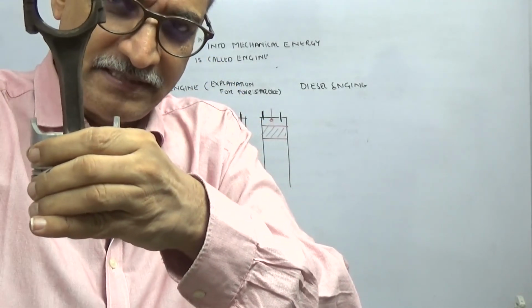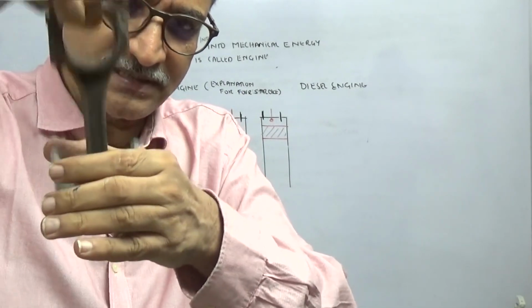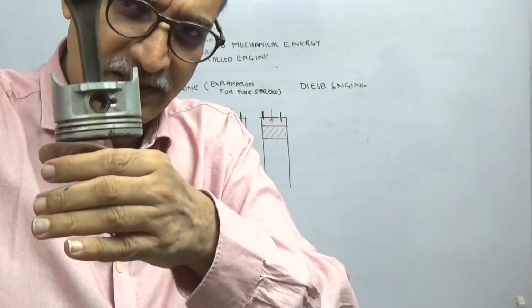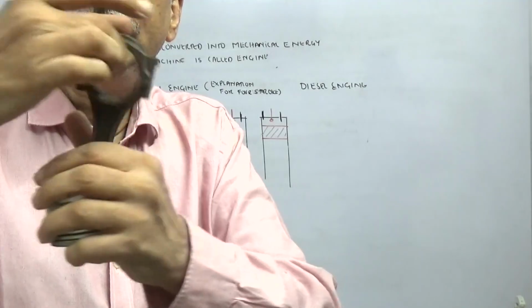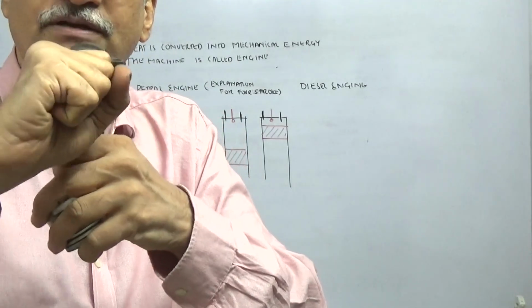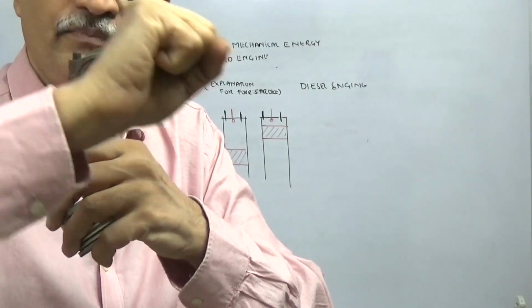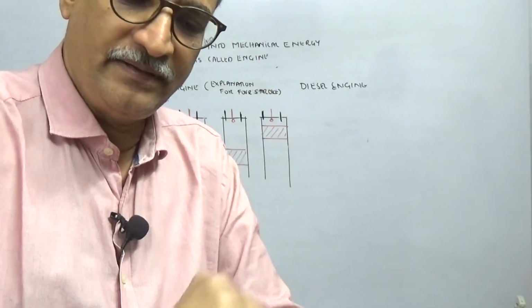So what happens? The piston goes down, piston comes up, piston goes down, piston comes up. That is the mechanical work. This connector is connected to a crank, so the crank moves. The piston goes down, the crank moves down.